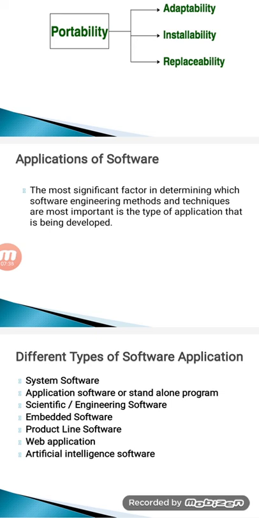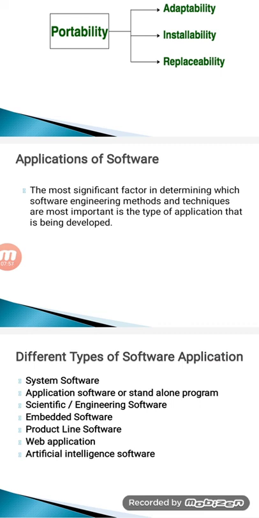Then embedded software. These are software control systems that control and manage hardware devices. Examples for this type: software in mobile phones, software in anti-lock braking, that is the brake in a car, then software in a microwave oven to control the cooking processes. All those things come under embedded software.